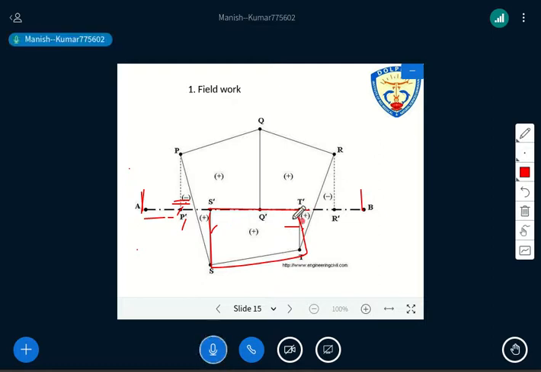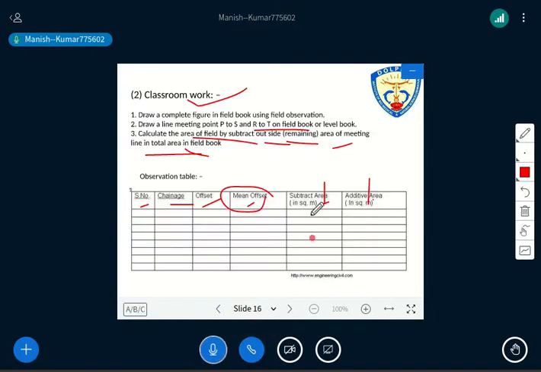When we are writing the data in this field book, we have to write both the offsets of this figure, right? And then you have to take the mean. Is it clear? I'll give you an example, but first you need to understand the concept, and then you have to fill everything. Then you are able to get the area properly.